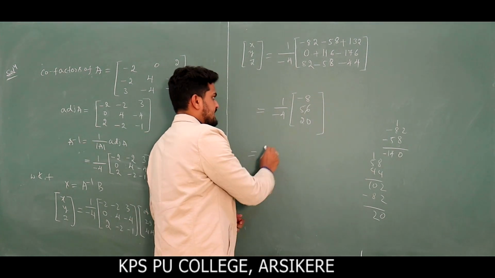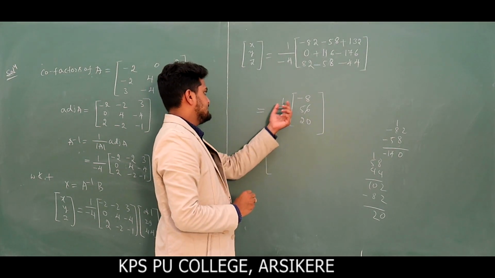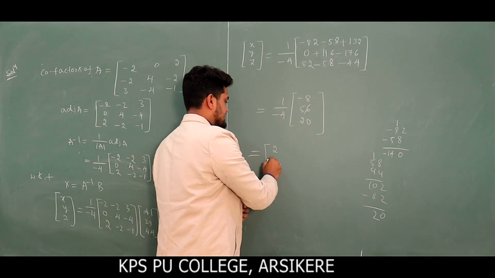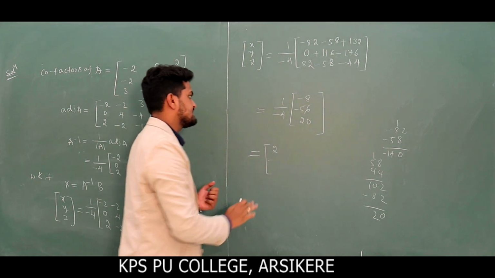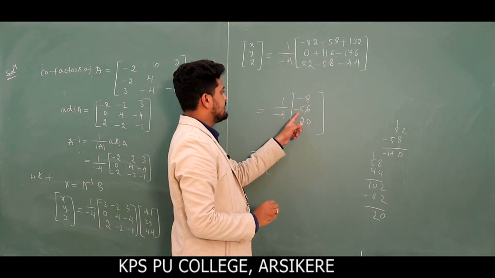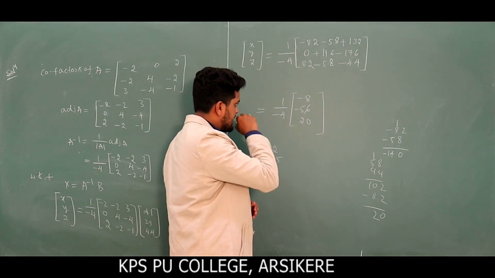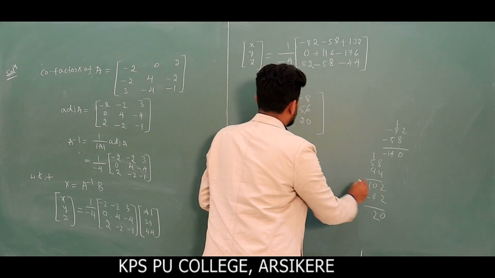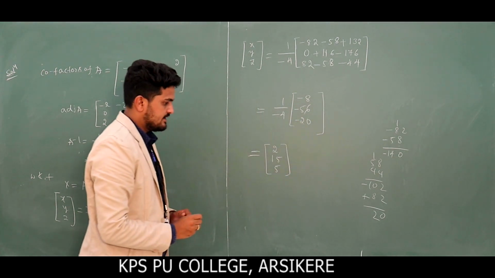Dividing each term by minus 4, clearly we can get the XYZ value. So minus 8 by minus 4 is 2. So minus 60 by minus 4, the minuses cancel, 60 by 4 is 15. And 20 by 4 is 5.